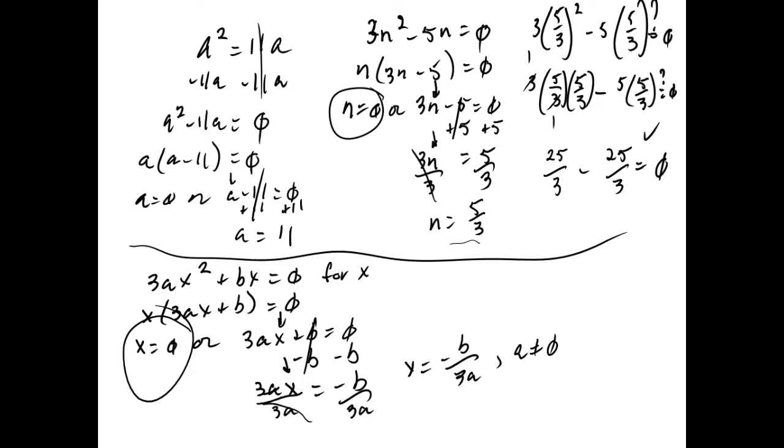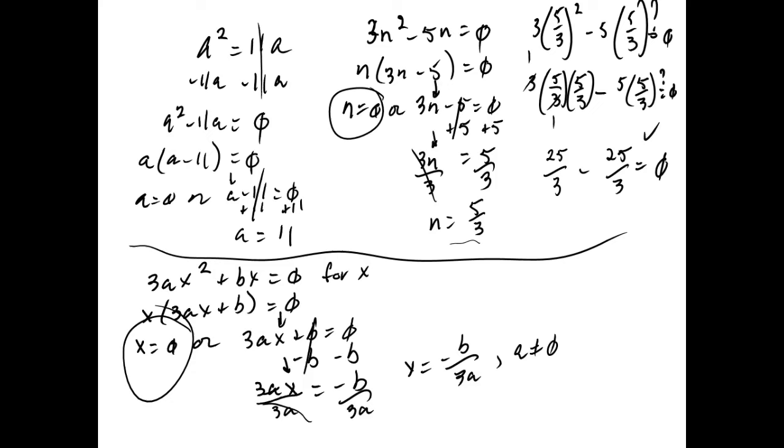You can never divide by 0. So that means that a can't be 0. But then we look over here. If the a were 0, then this term wouldn't even matter. You wouldn't have two solutions. You'd only have one, and that would be x equals 0. If a is not 0, then you have two solutions. That's the key.